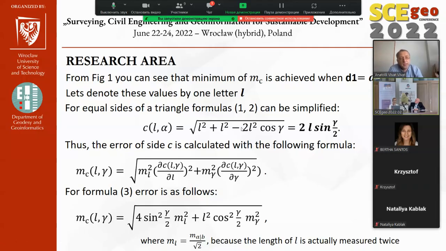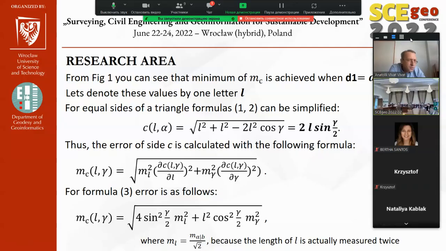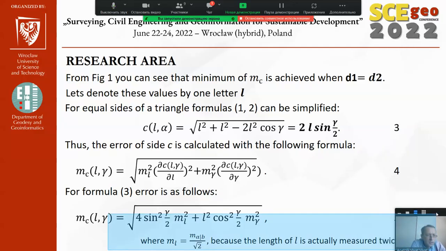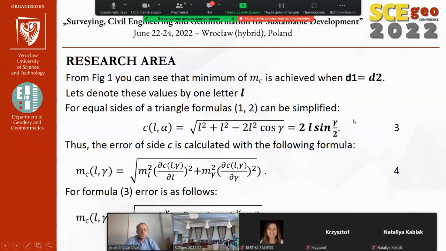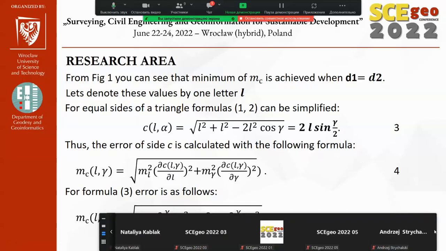Now, when distance d1 and d2 equal, you can simplify law, sinus cosine law, and write Formula 3. And mean square error of this formula, distance c, you can see in formula 5.